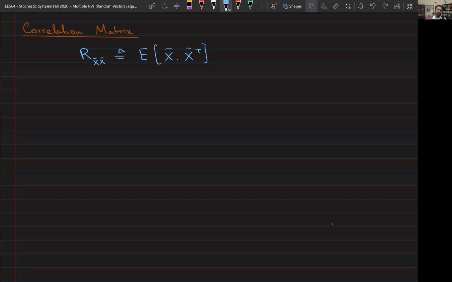So why is this a matrix, by the way? Remember, X is a column vector. You're multiplying that with a row vector, so X times X transpose is going to be of n cross n dimensions.